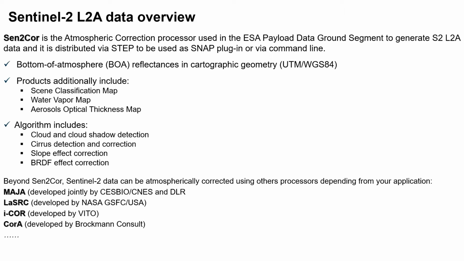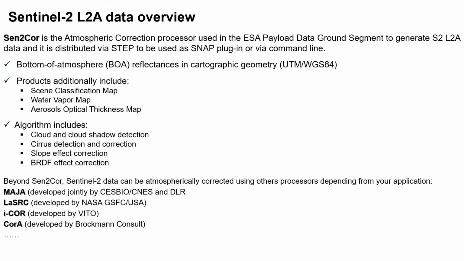The output of Sen2Cor is the bottom of atmosphere reflectance in cartographic geometry, but we also have as output a scene classification map that contains basic land cover layers including clouds. We have a water vapor map and an aerosol optical thickness map.